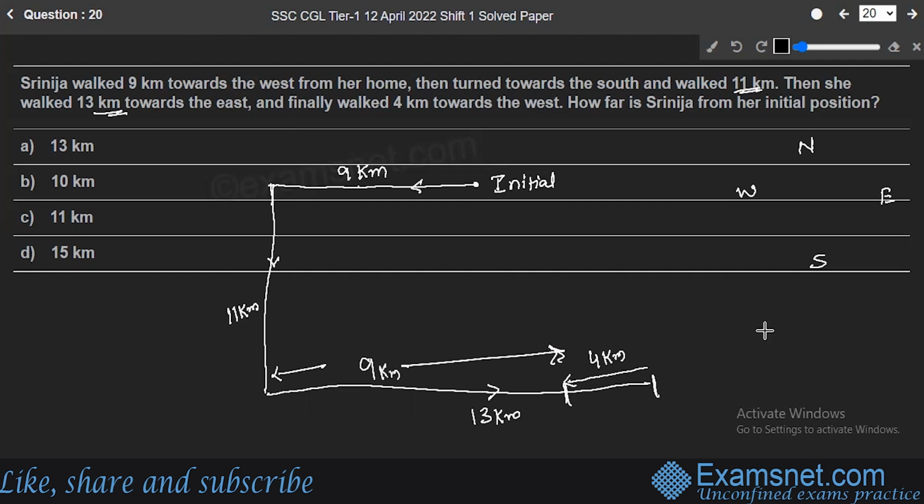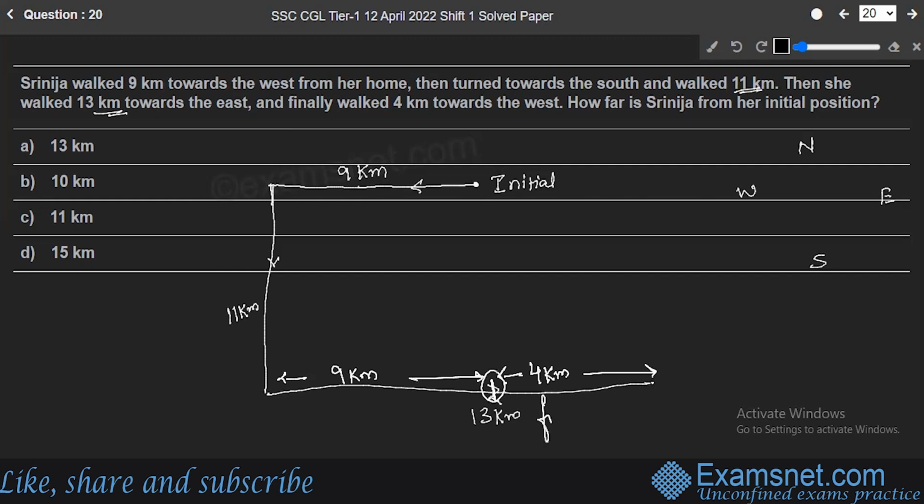Now the question is, how far is Srinija from her initial position? This is her final position.